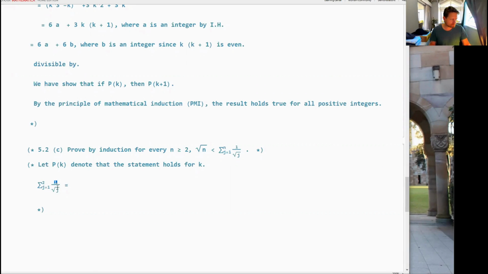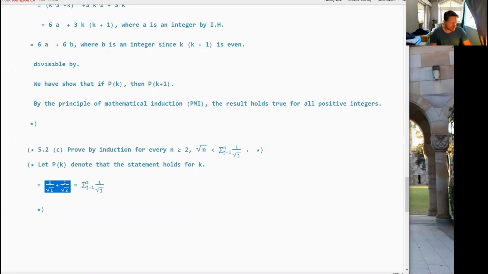So we have 1 over square root of 1, and then 1 over the square root of 2. Okay, so you want to compare that with the square root of 2, which would be on the other side. Let me take this and put it on the left-hand side here. Now I want to simplify what's on the left-hand side.